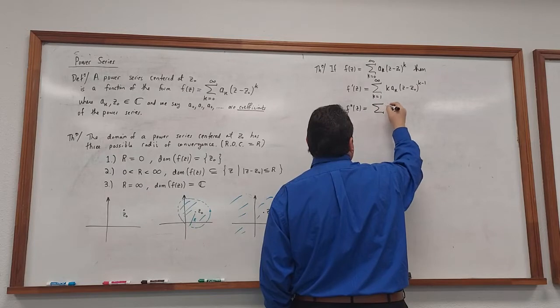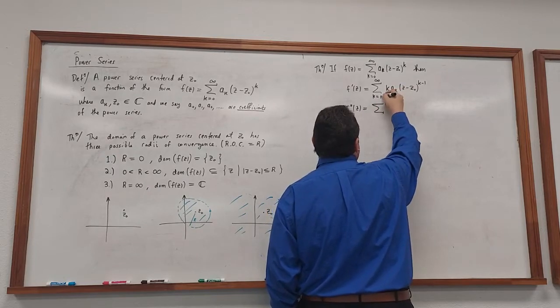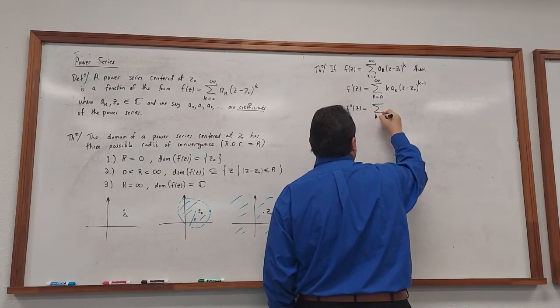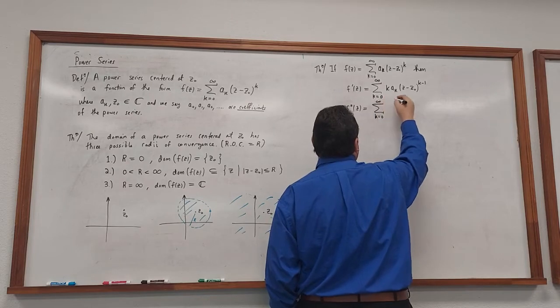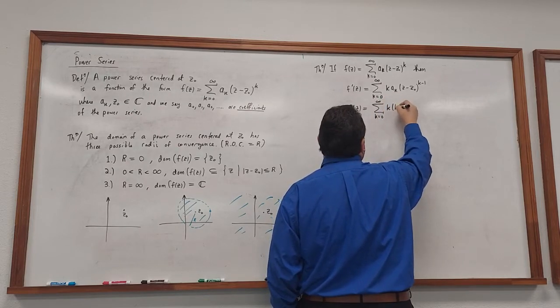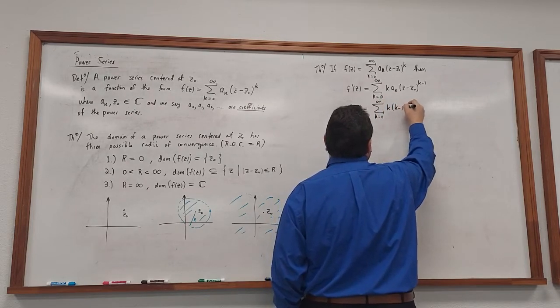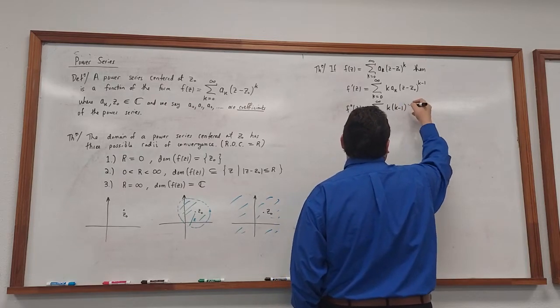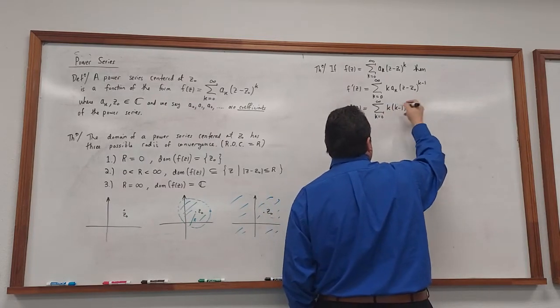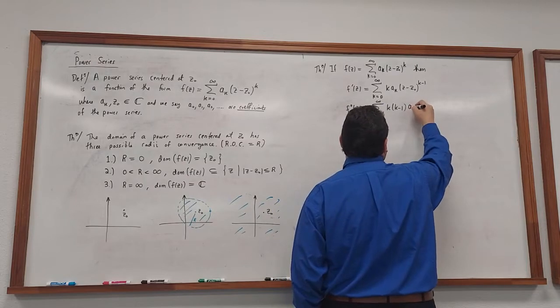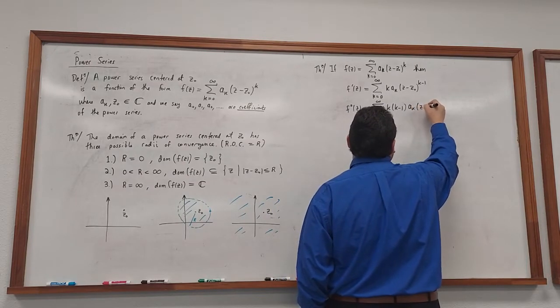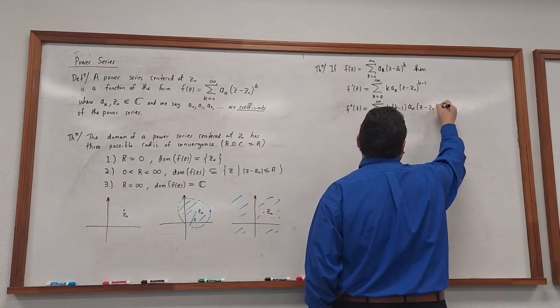I could leave this as k equals 0 if you like too. Well, that would be silly, but I could do that, though. For this, the first two terms would be 0, because the first one would be 0, and k equals 1 gives me 0.